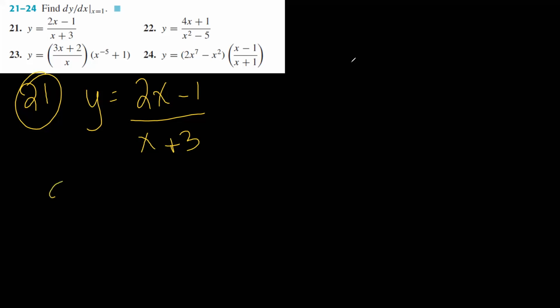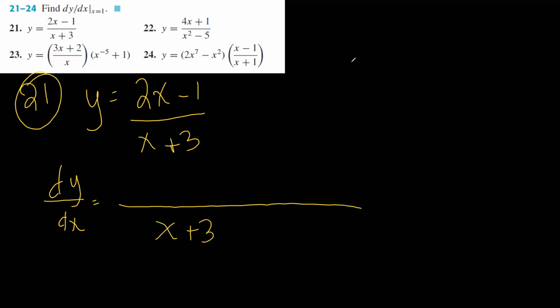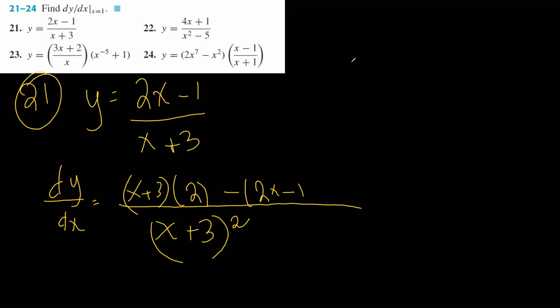The first step is to find dy over dx. We have to use the quotient rule. We said it is (x plus 3) squared, the denominator, on the bottom. Then on top, keep the denominator as it is, x plus 3, times the derivative of the numerator x minus 1, which is 1, minus the first function, x minus 1, the numerator, times the derivative of the denominator, which is 1.